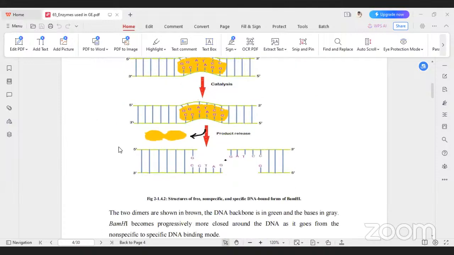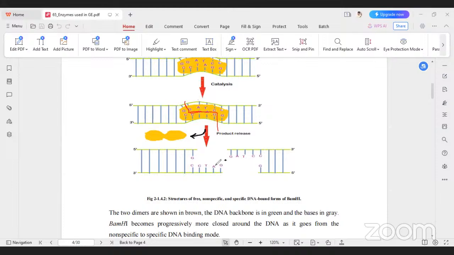Yellow color is restriction endonuclease type 2. Now it cuts exactly here, between G and G, at different sites.